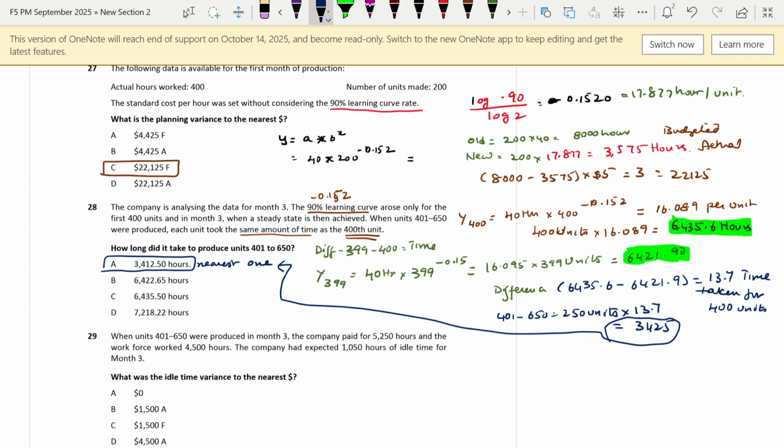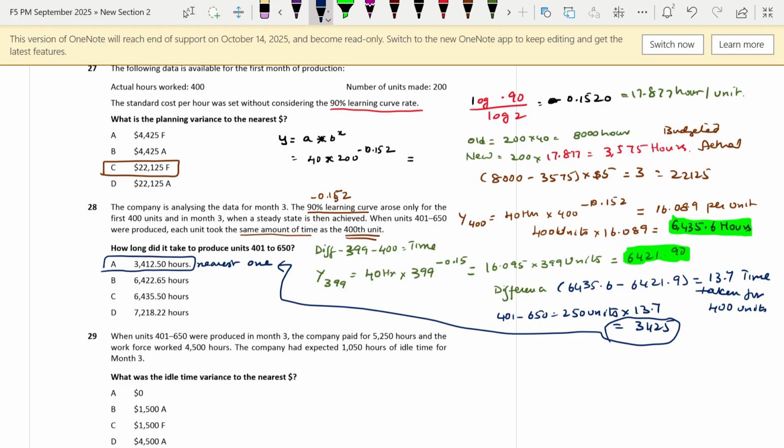Is it okay? Understand? See, the procedure you should remember: when they ask for 400 units and for the next units the same time, you have to calculate for 400, then calculate for 399, and the difference between total hours of 400 minus total hours of 399 gives the time for 1 unit.